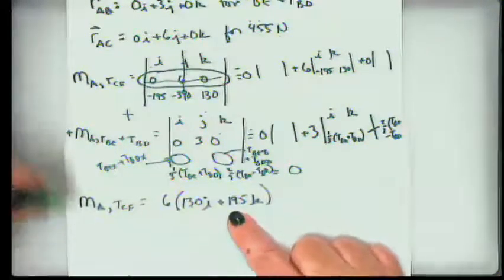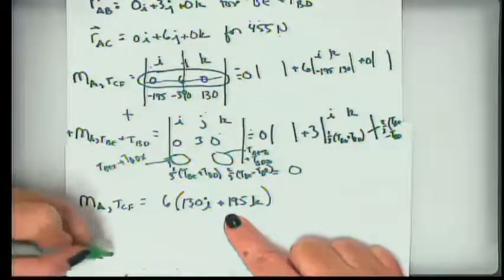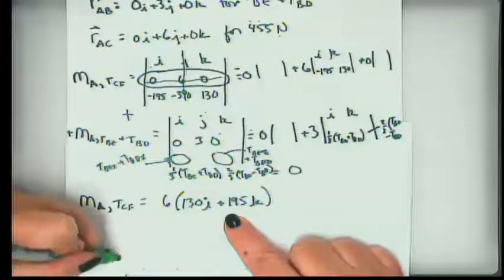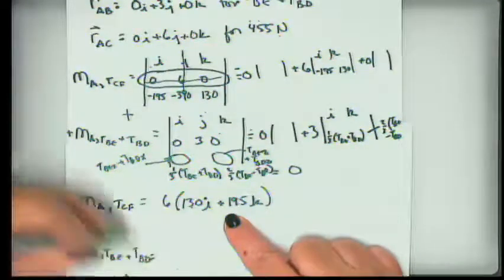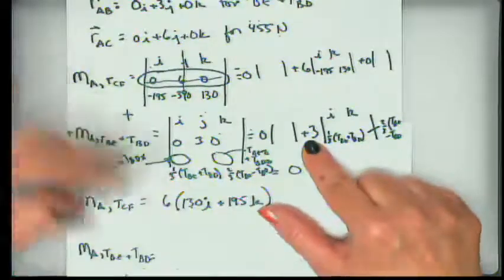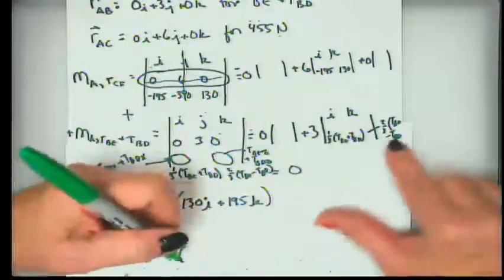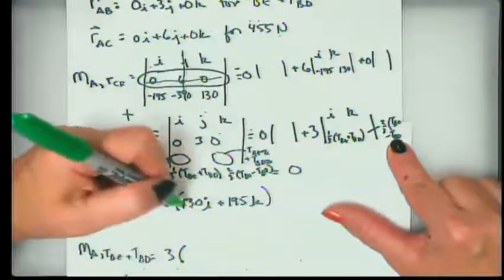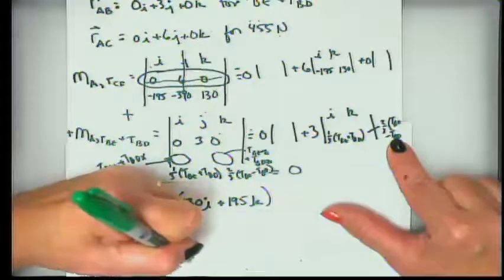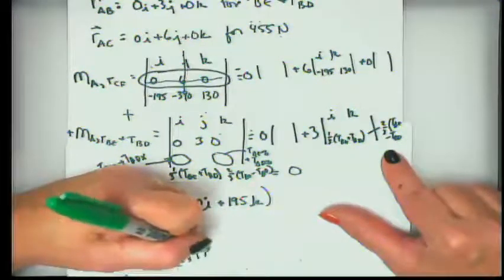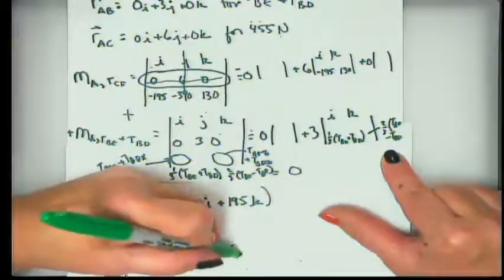Okay, all right. And then the moment about A of TBE plus TBD is 3 times this, which is, I'm going to put another bracket here, 2/3 times TBE minus TBD.